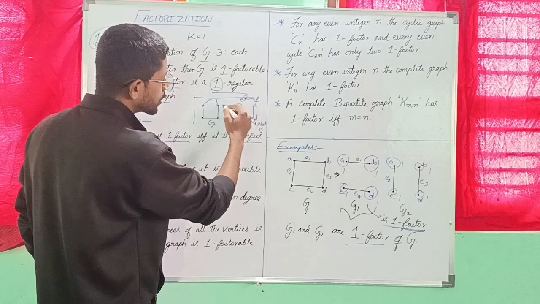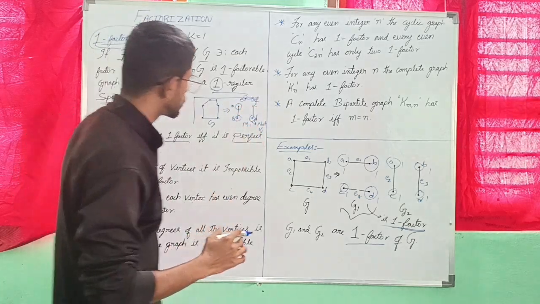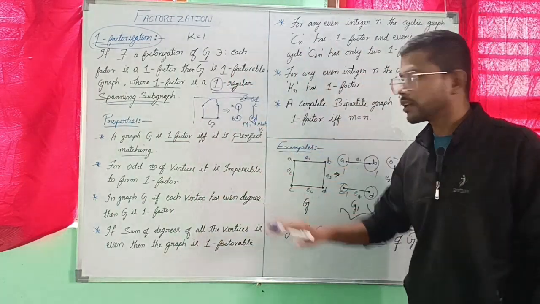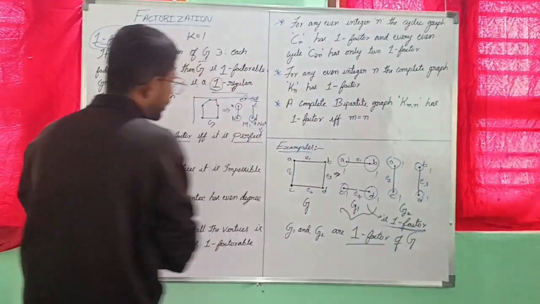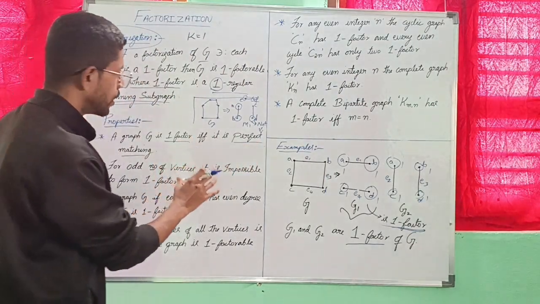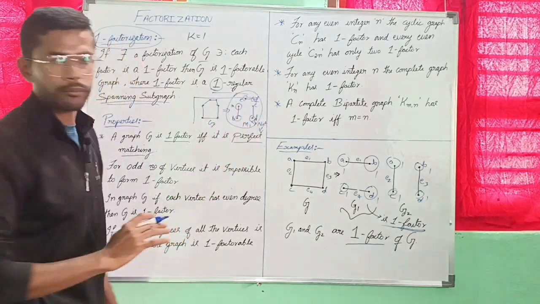What is the degree of vertex C? 1. The degree of every vertex in the matching M1 is 1. So when we have a perfect matching, one factorization is satisfied.